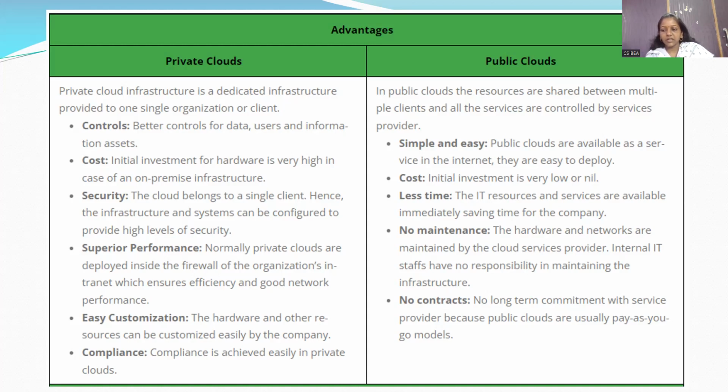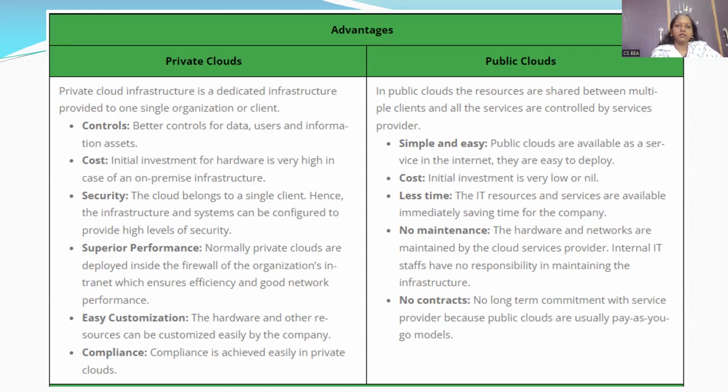And if we consider the cost, then the initial investment for the hardware is very high in case of an on-premise infrastructure. So that means initial investment for maintaining the hardware. Why is that so?